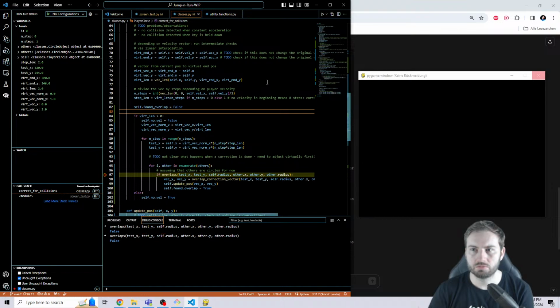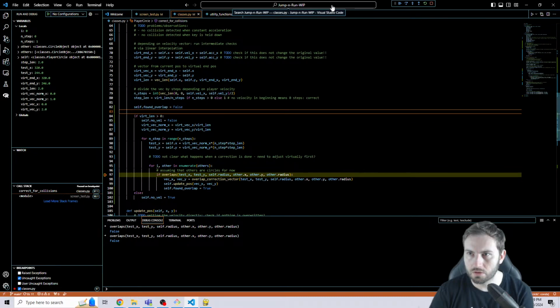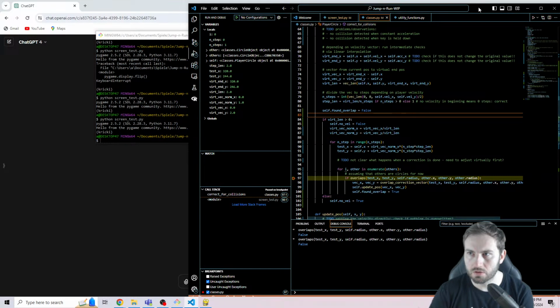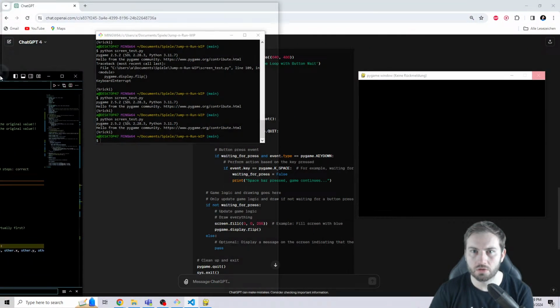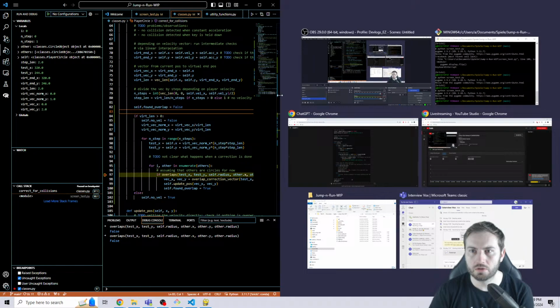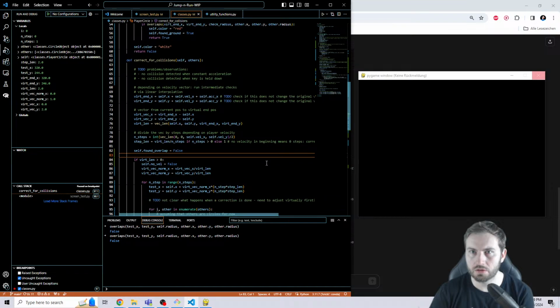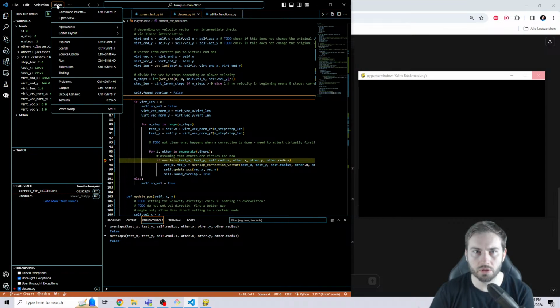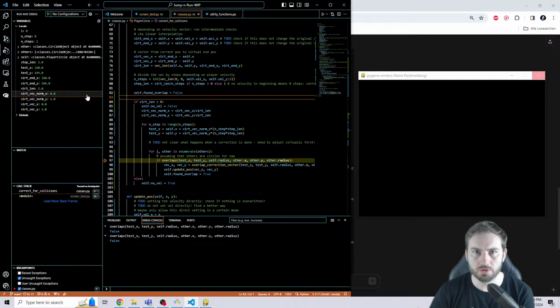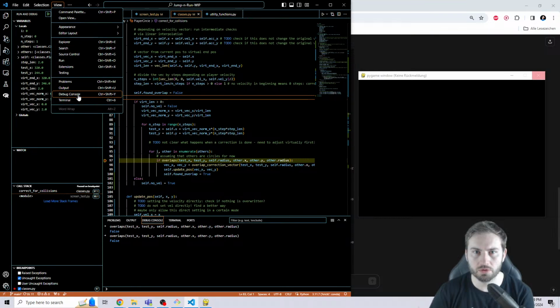And where's my debugging little window thingy? Debug console, where is it? Debug console.